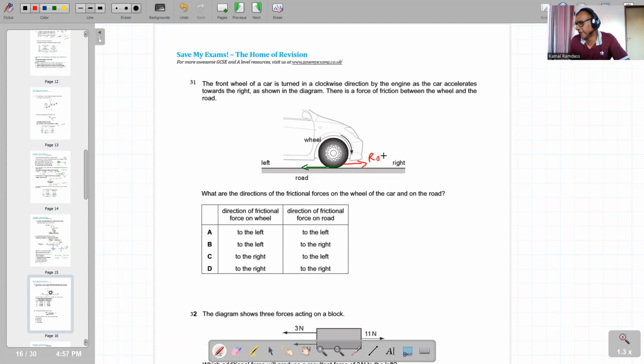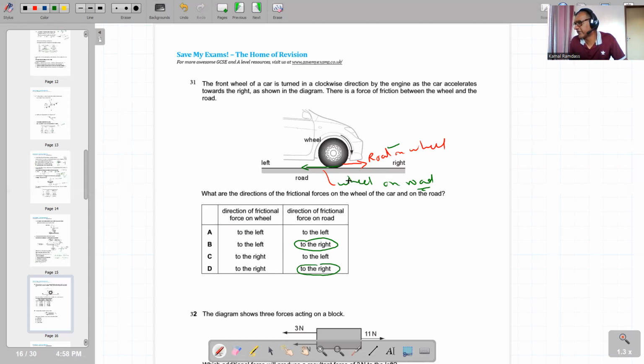Then, the road on wheel, this is wheel on road. OK? And to help, this is friction. Direction of frictional force on wheel, it is to the left. No, sorry. To the right. Either this or this.